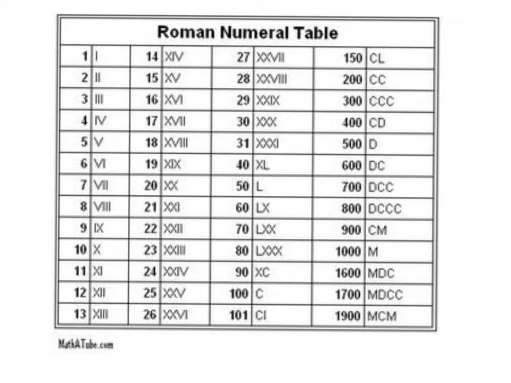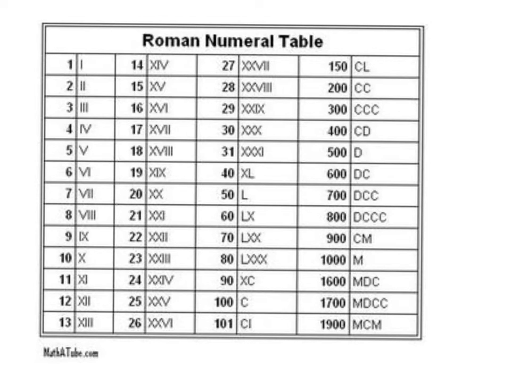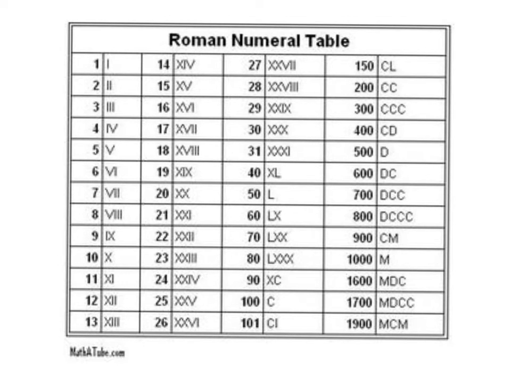So here's our chart again. 1 is an I, 10 is an X, we have 2 X's is 20 there, and keep going, 50 is an L, 100 is a C, 500 is a D, 1000 is an M. And so you just keep using these letters to express yourself.